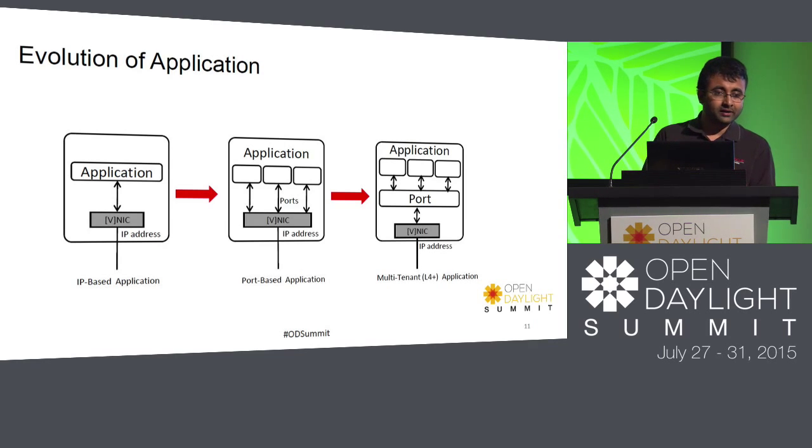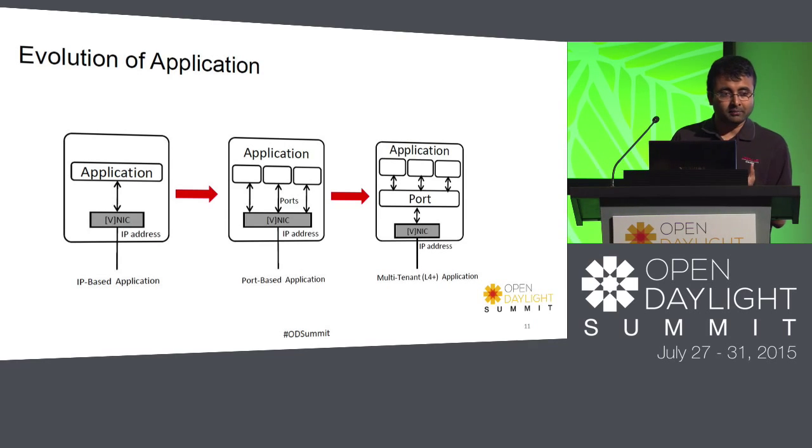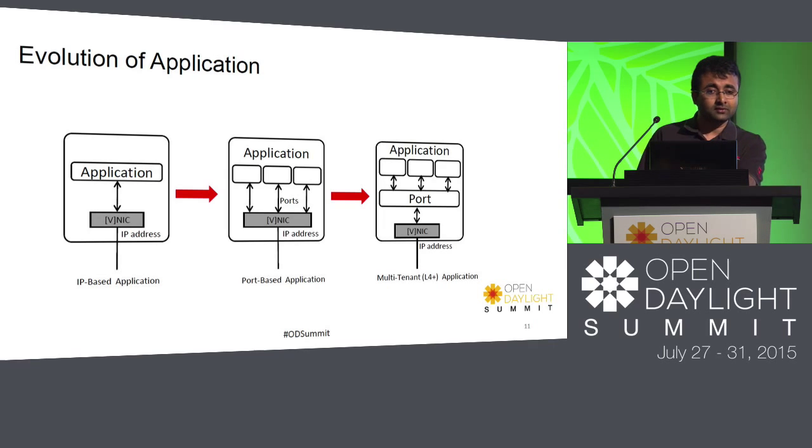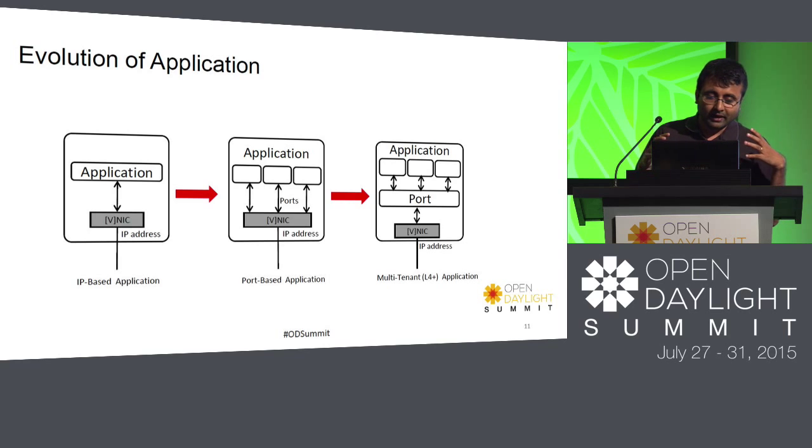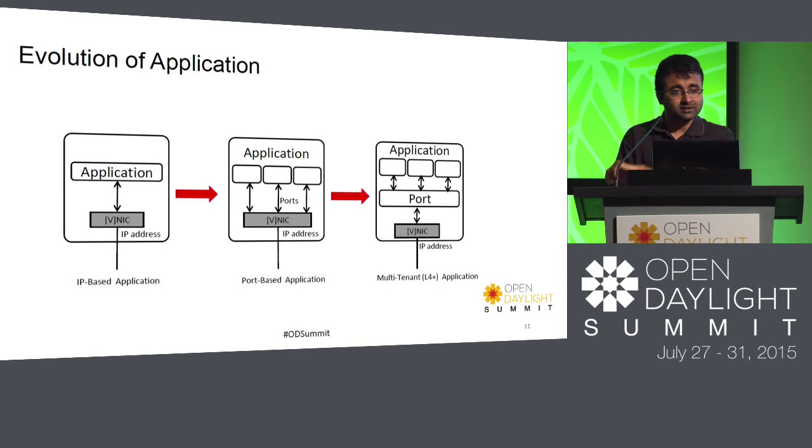If there are hundreds of tenants, you would have 100 instances of the application, each running in its own VM, each assigned to the respective tenant. But applications are moving to a model where they are multi-tenant aware. They are becoming smarter and more complex, and provide multi-tenancy within the application itself.